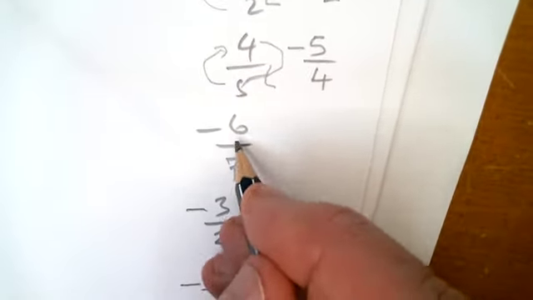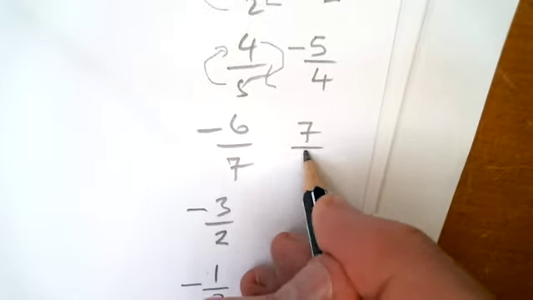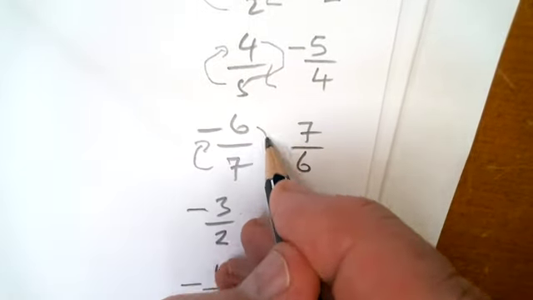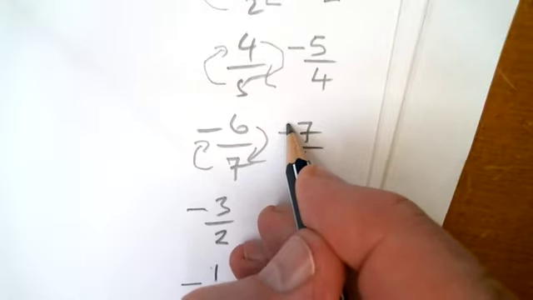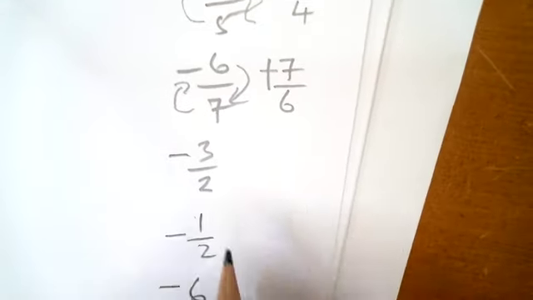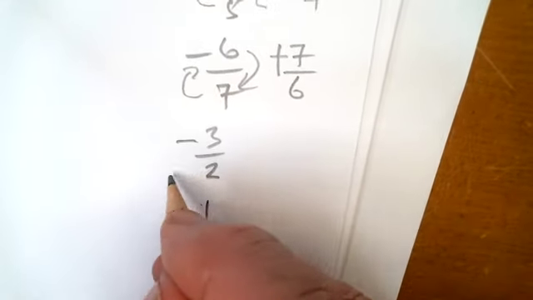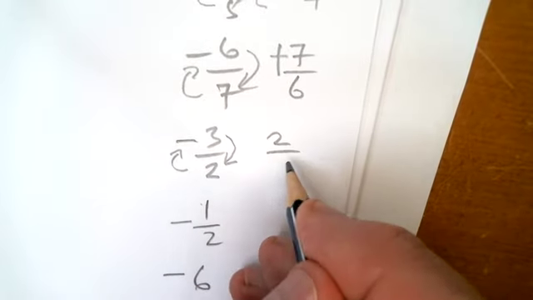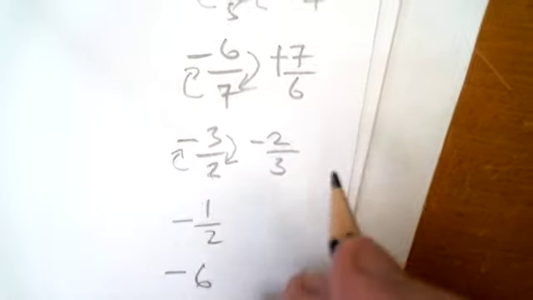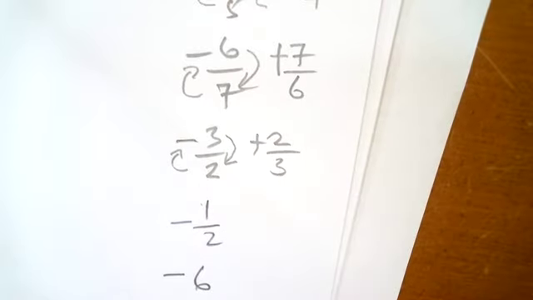Here we are, 6 over 7, it's going to be 7 over 6. We flip it the other way, and we make it negative. It's negative now, so if it's already negative, and we make it negative again, we make it positive. Here we go, 3 over 2. I'm going to flip it the other way, which makes it 2 over 3. It was negative, but now, of course, a negative makes it positive.